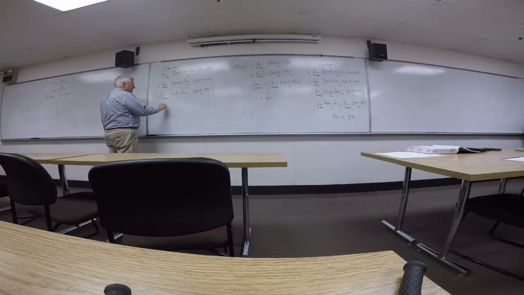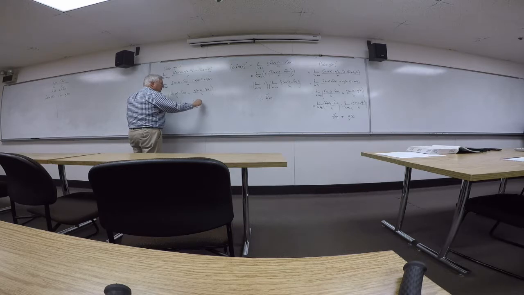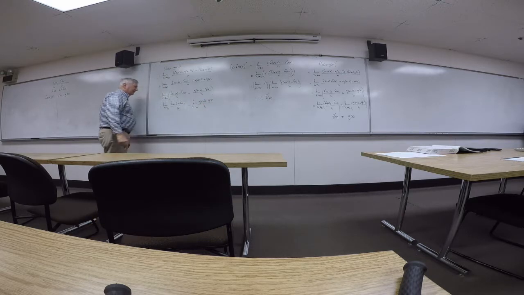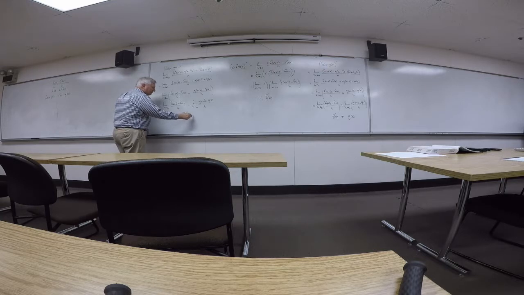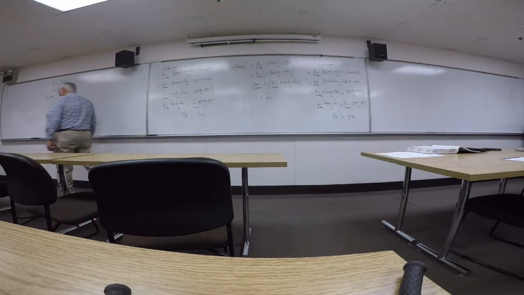This is limit as h approaches 0, f of x plus h minus f of x over h, subtract the limit as h approaches 0, g of x plus h minus g of x over h. And this is precisely f prime of x, subtract, and this is precisely g prime of x. So we have a difference rule.